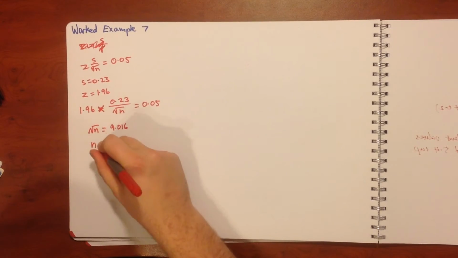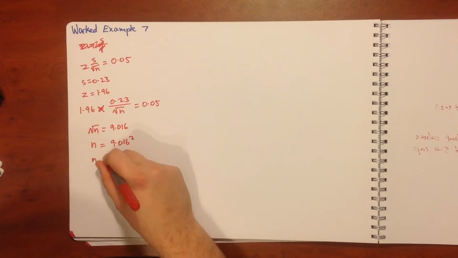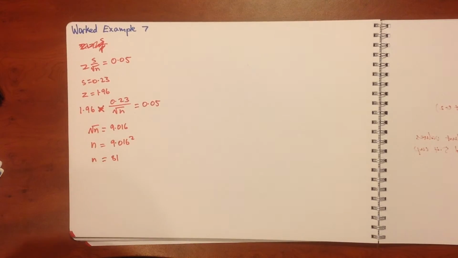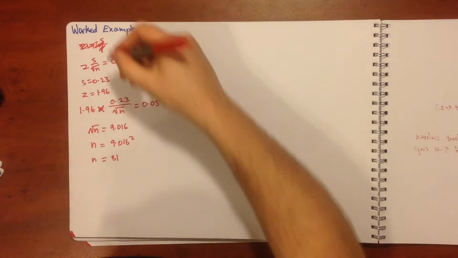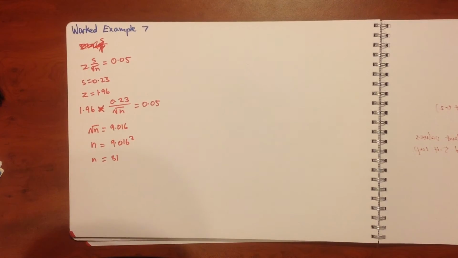And so that means that N equals 9.016 squared. So N is equal to 81. So at least 81 people would need to be surveyed for our confidence interval to only be changing by that much.